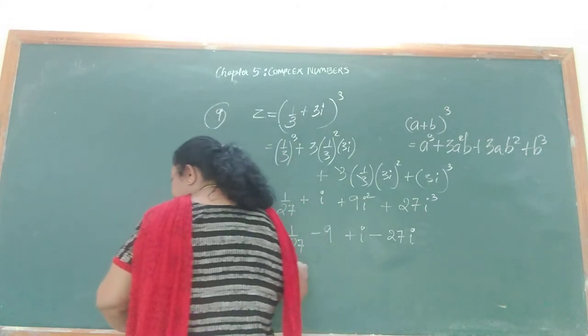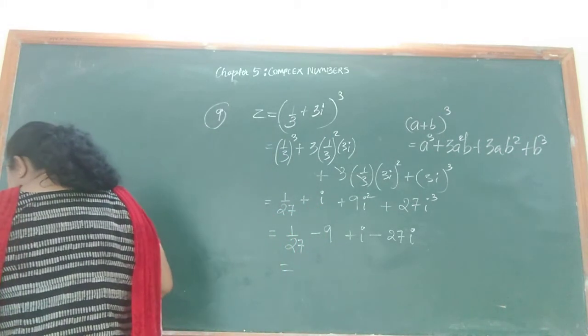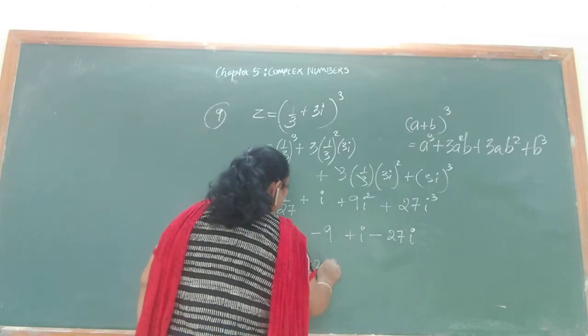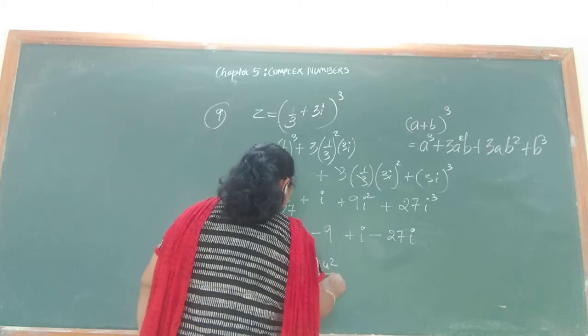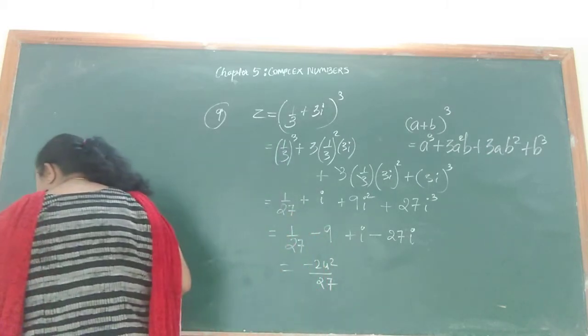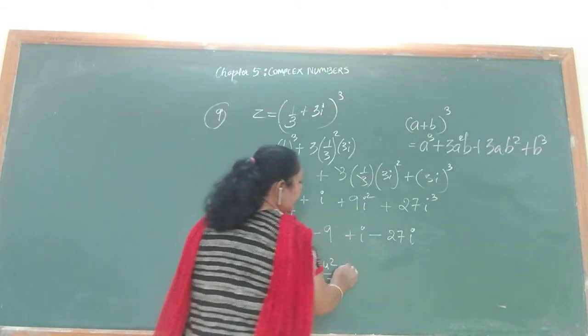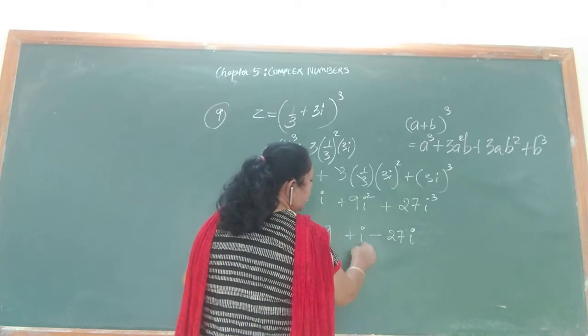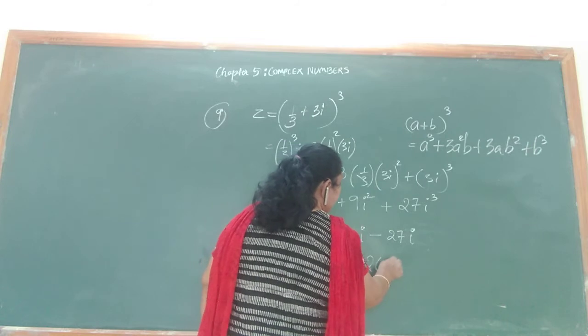Now I take LCM for that, and the LCM which I am going to get is minus 242 upon 27, and this minus 27 and plus, so that is minus 26i.